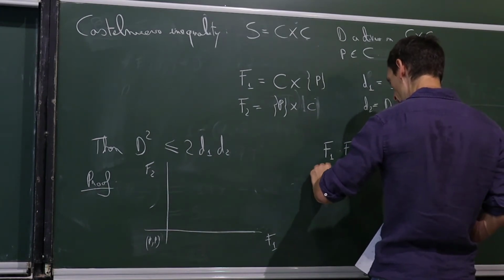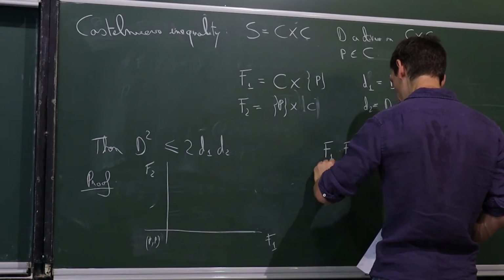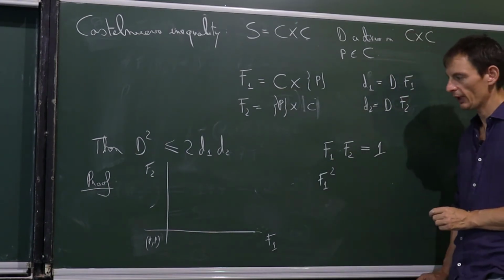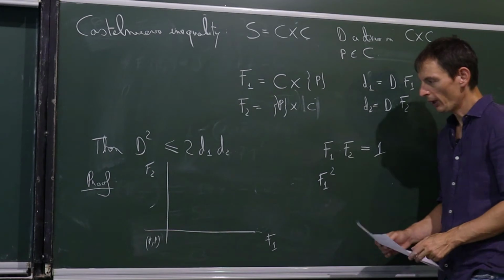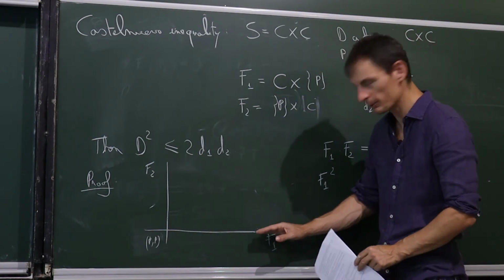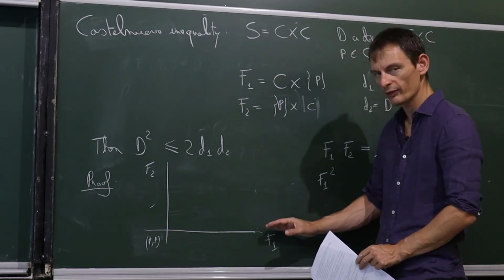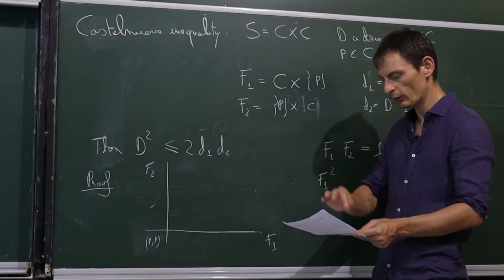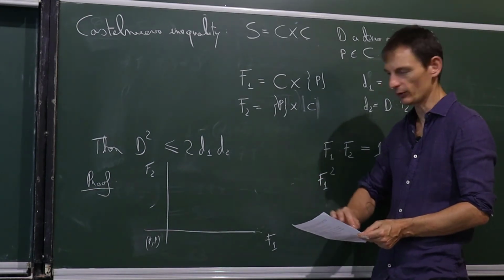More interestingly, what is the self-intersection of F1? Well, in order to do this, you must remember that self-intersections don't change if you change one of the divisors up to linear equivalence.